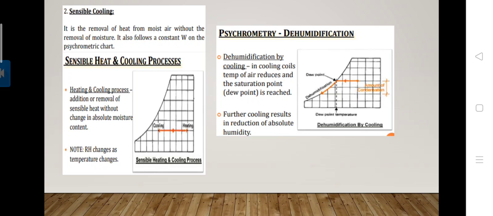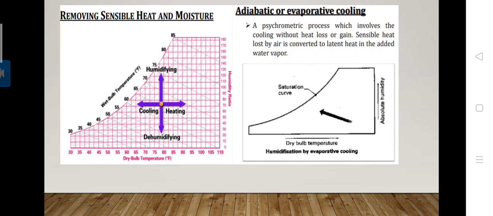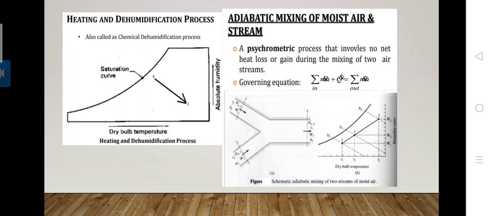Next, we see the psychrometric processes given here. An adiabatic mixing of moist air and steam is also given, a psychrometric process that involves no net heat loss or gain during the mixing of air.